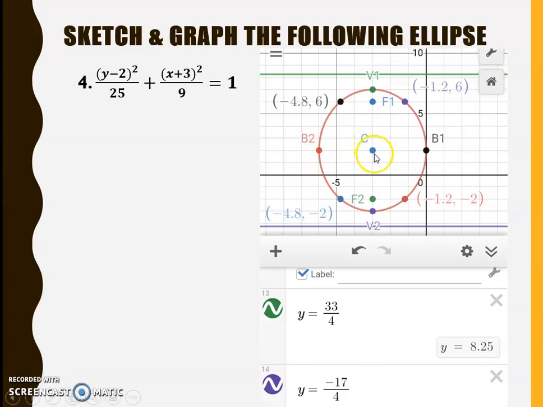Then you also have the distance of c, from the center to the focus, that will be 4. Then you also have the latus rectum. Then you also have the directrix: y equal to 33 over 4, and the other value will be negative 17 over 4. So let's have the continuation in the other videos.